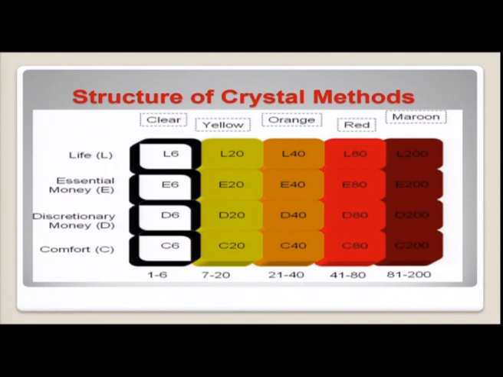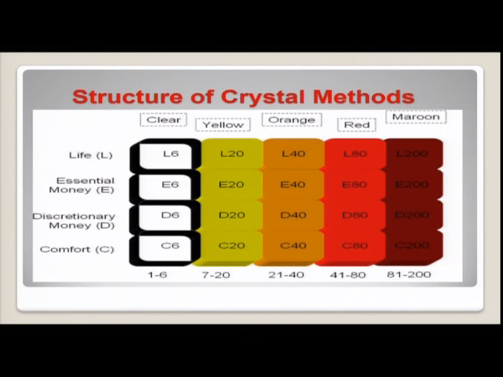If it is 81 to 200, it is determined with a maroon color. If it is a mission critical project with more people, more than 500, more than 1000, then it is determined with a sapphire color or a diamond color.